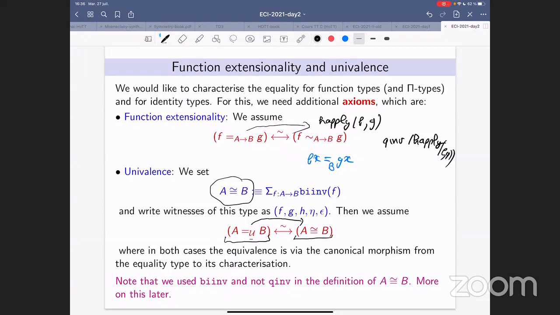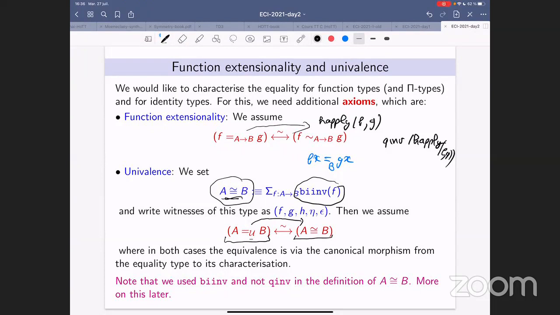But one thing is to prove that they are equivalent, and one other thing is to internalize this notion inside a type and to give an official type. Okay, this is another level.